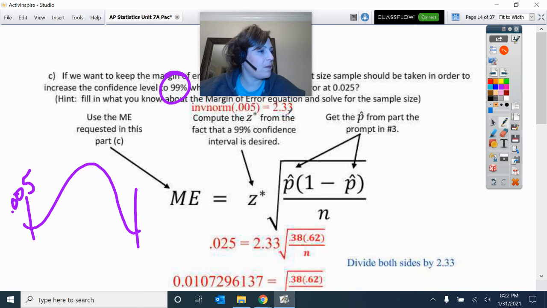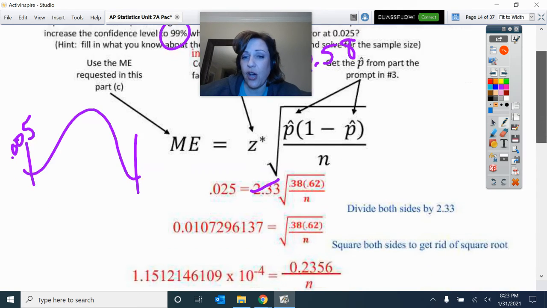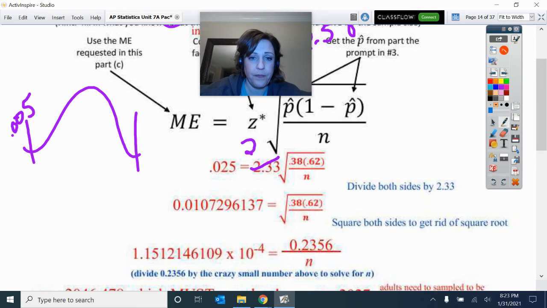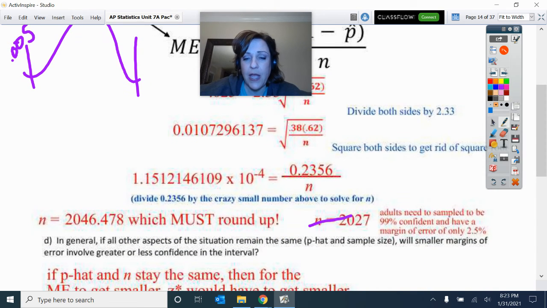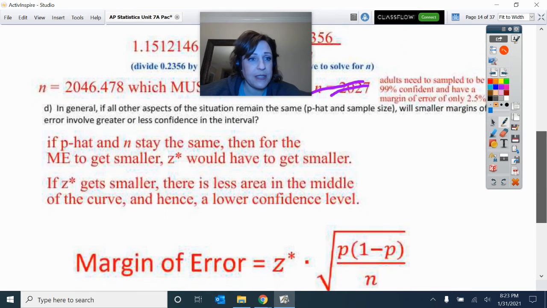See, that is wrong. Inverse norm of 0.005 is 2.58. So I'm going to have to fix this one. I'll fix this answer and put it correctly on your answer sheet. I can tell that's going to be a different number, so look for that on the correct answer sheet.